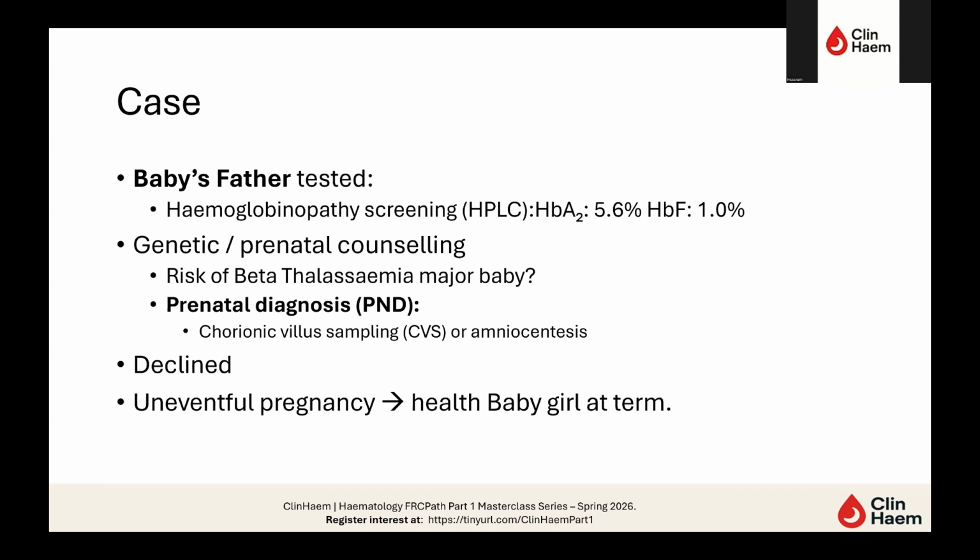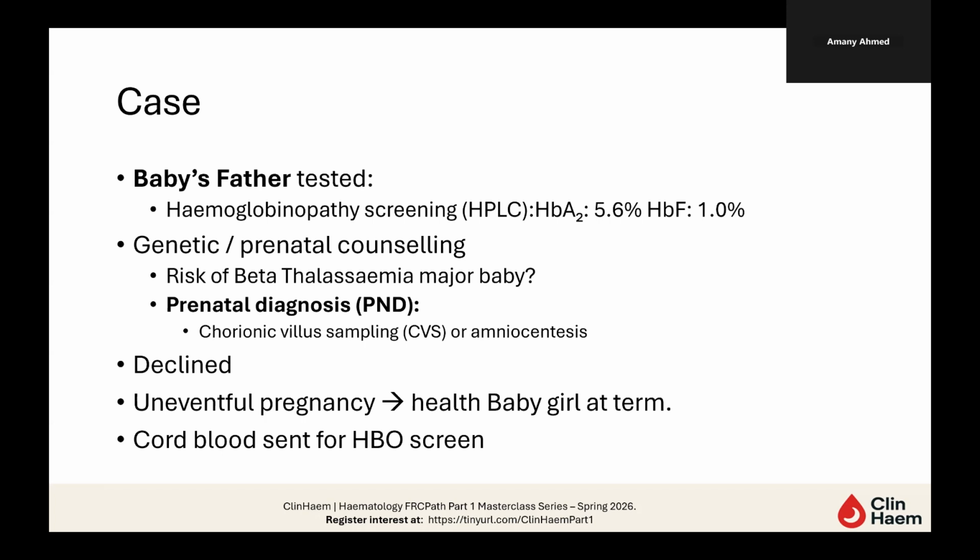So this is what happens with them. They have an uneventful pregnancy. A healthy baby girl is born at term, and a cord blood sample was sent for hemoglobinopathy screen from the baby. What do you expect to see in the cord blood? I showed you a table at the very beginning, but we will see fetal hemoglobin predominant. Very good. How much alpha?